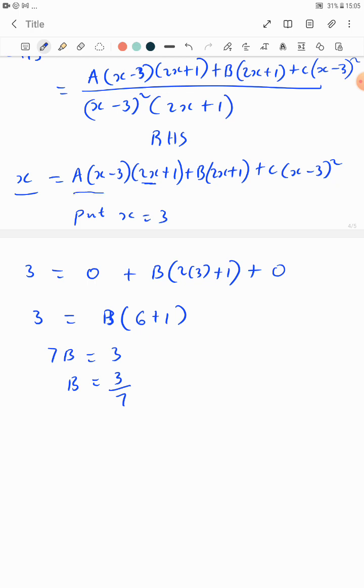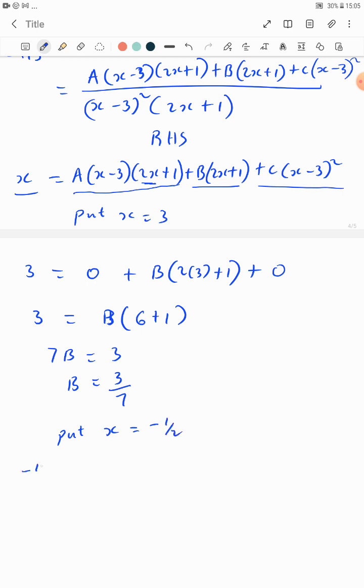So we'll be able to eliminate this, turn it to 0, and we'll be able to eliminate this, leaving our C only for us to find. Let's try that. So we say put x equals minus 1 over 2.